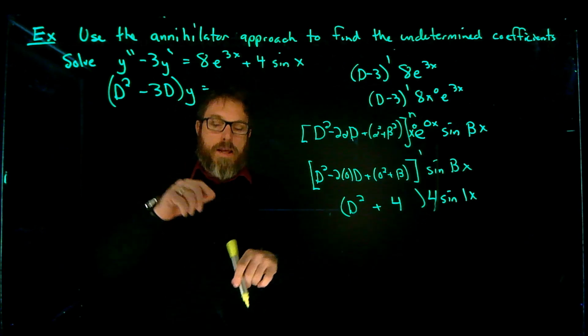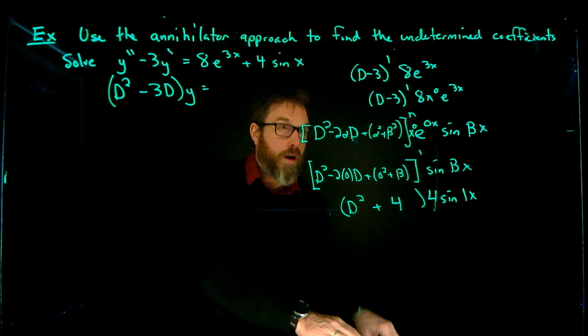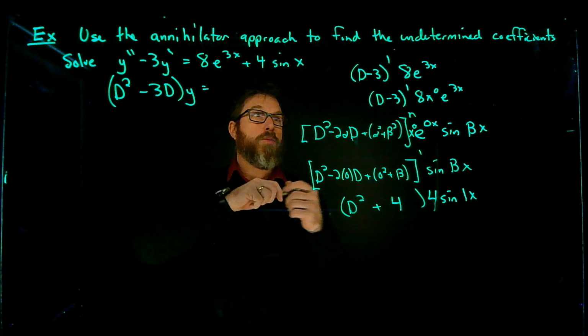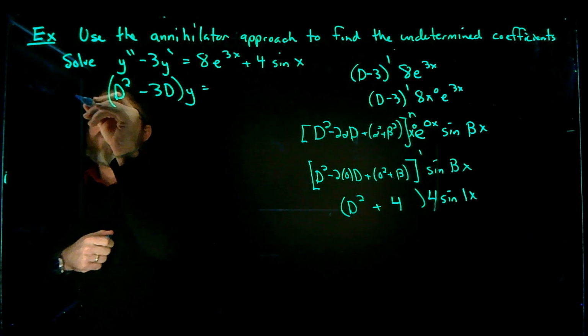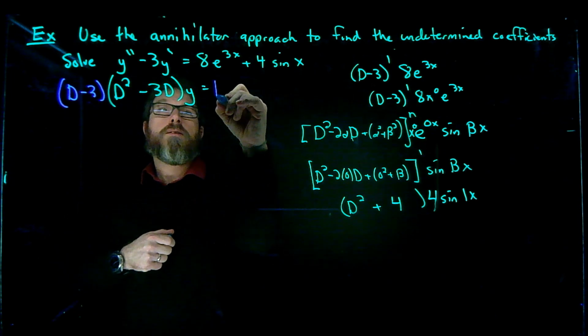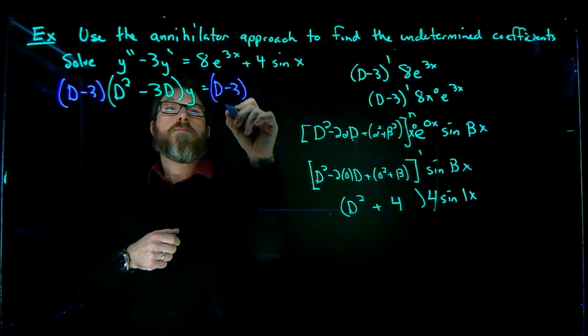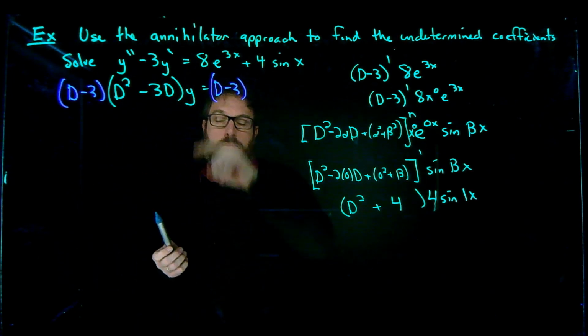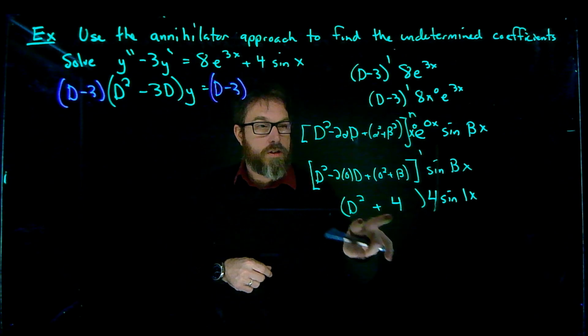What I know is that I'm going to need to annihilate this thing. So what's going to do that is just a D minus 3. That's going to annihilate this piece, and then I also am going to have to do this D squared plus 1.